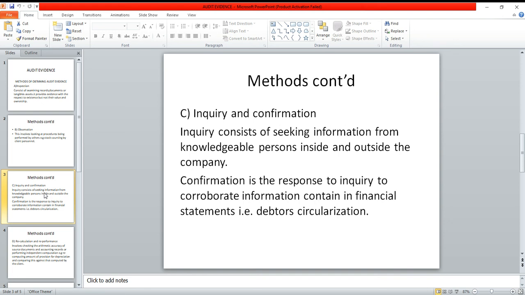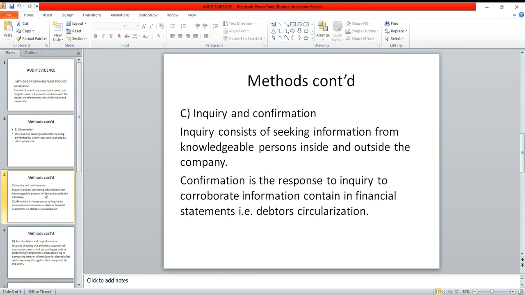He has to seek the information from inside the company, from the senior management, and the same information can be useful in making his decision on the opinion.